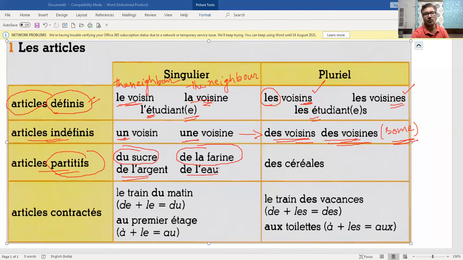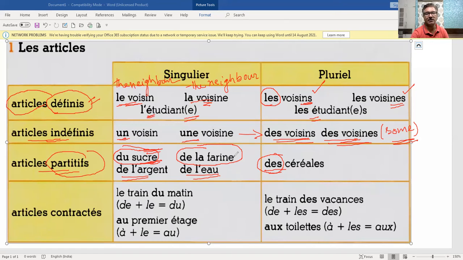De l'eau, eau means water. De l'eau means some water. Des céréales, in plural form. Du is placed before masculine noun. For example, sucre is masculine, du.